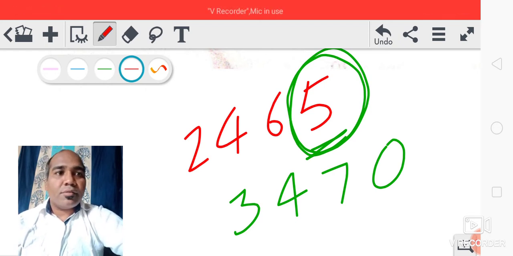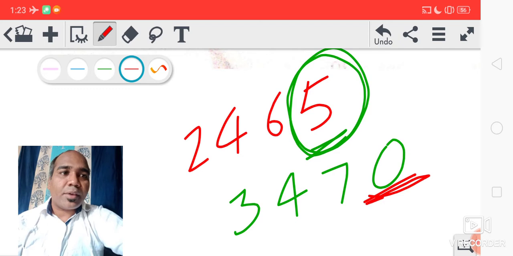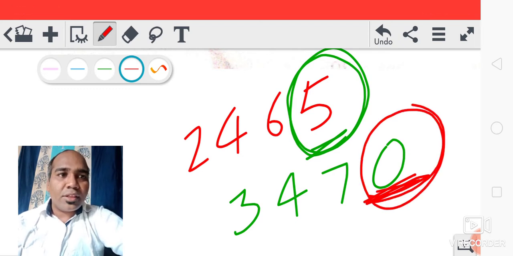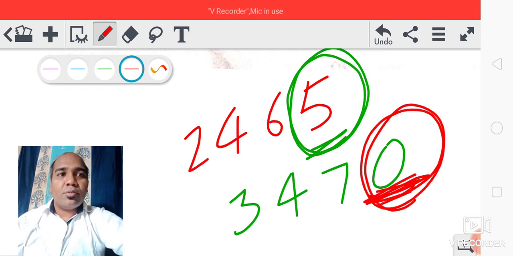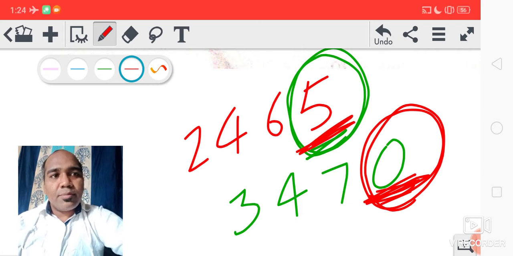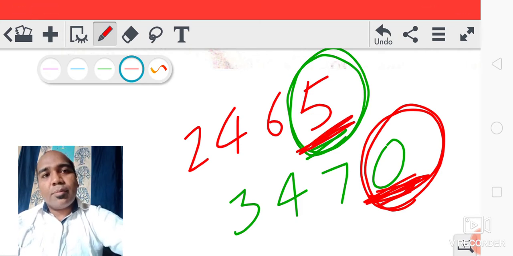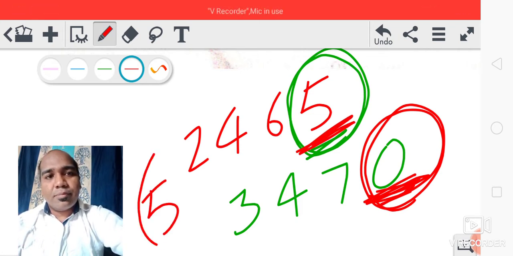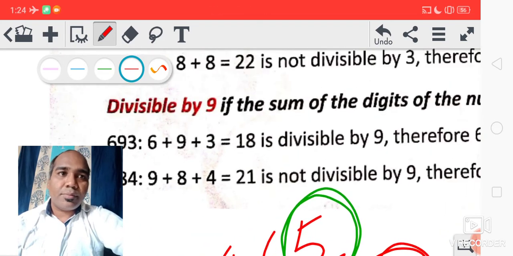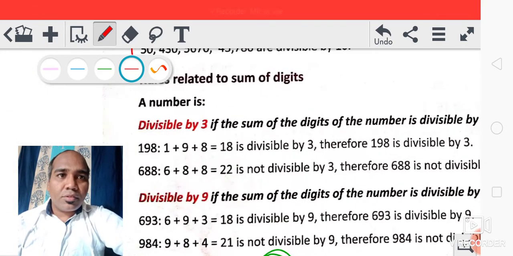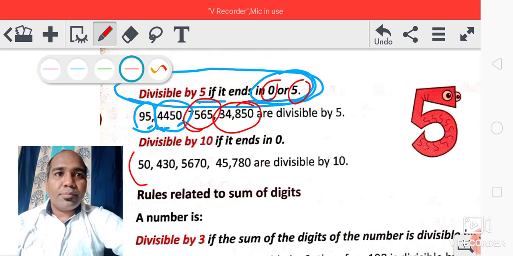Then we'll say yes, it is divisible by 5. Why? Because it is ending with 0. The last digit is either 5 or 0, so it will be divisible by 5. So this is the rule of 5.